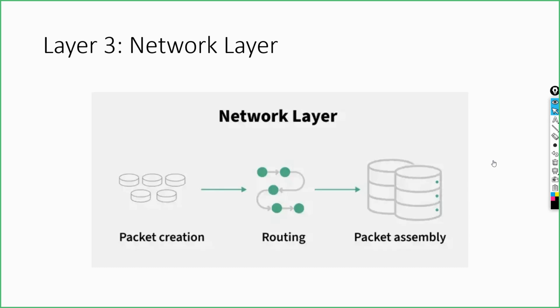The network layer works for the transmission of data from one device or one computer to another located in different places. The actual routing of the data happens over here on the network layer, and the communication over here happens over the IP address.